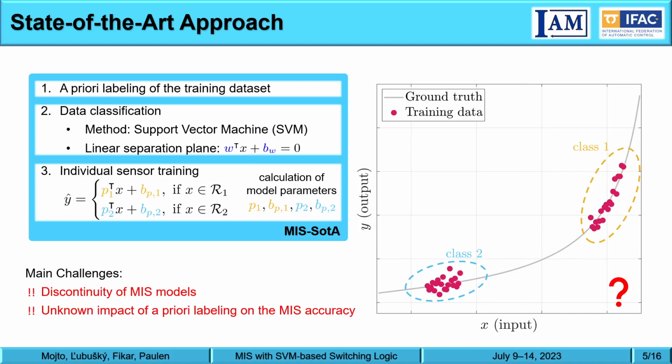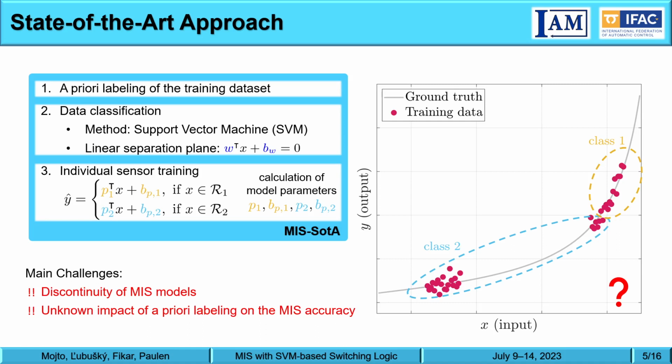The second challenge is that there is an unknown impact of the a priori labeling on the multimodal inferential sensor accuracy. For example, in this picture we can see one way of the data clustering, but there are more ways to perform the clustering, and it's a question which one is the most efficient with respect to the overall performance of the inferential sensors.